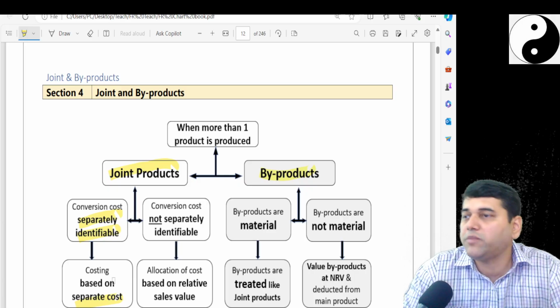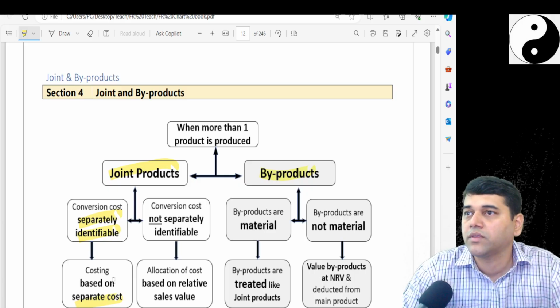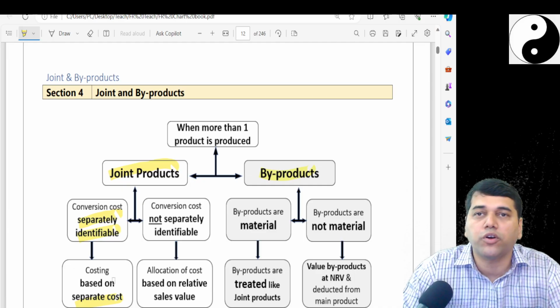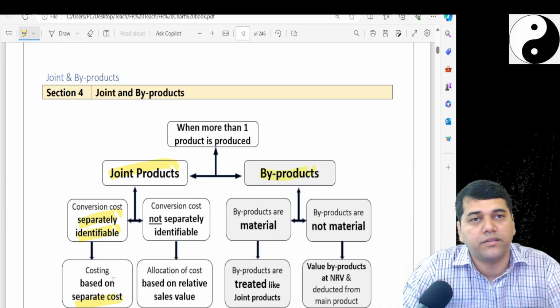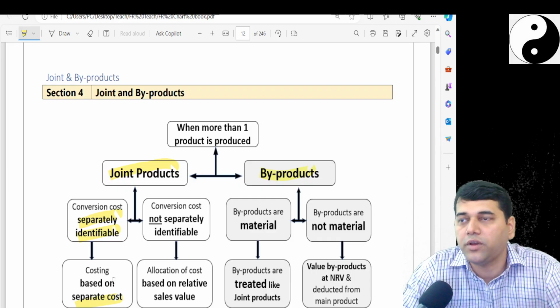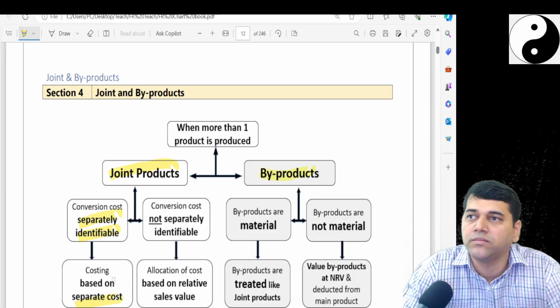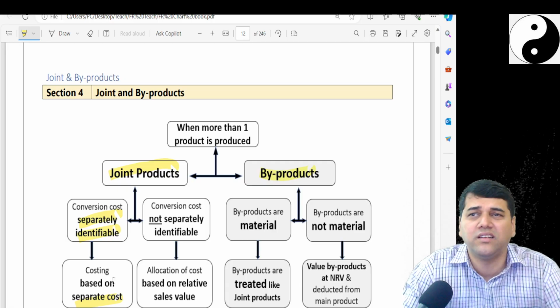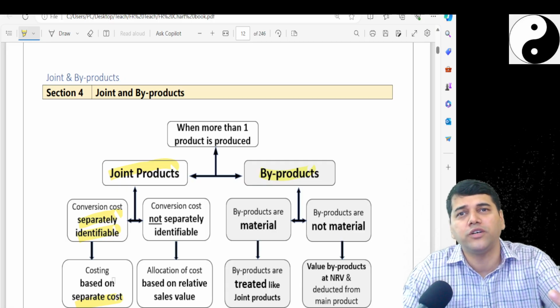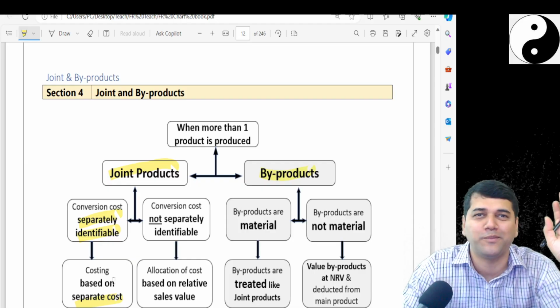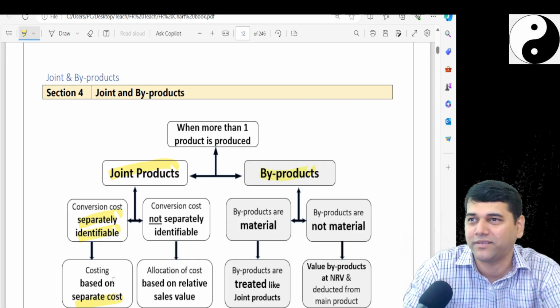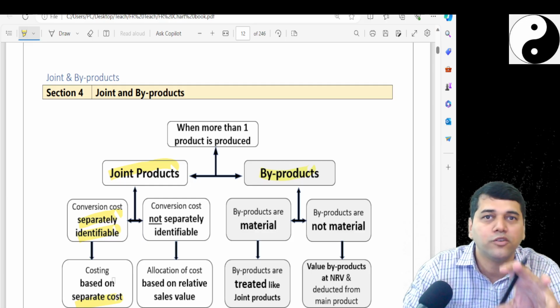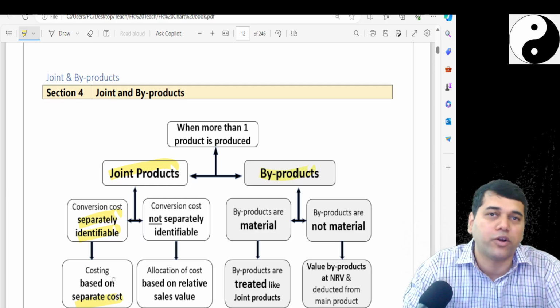Like joint product means what, first of all? When you produce something, two products will come. For example, do you have any examples of joint products? Our old traditional one: when we produce sugar, molasses and bagasse come, something like that. Main product is the sugar, so the others are byproducts.